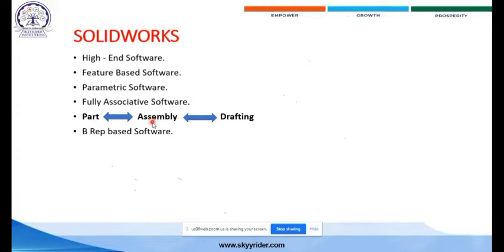You can directly modify that component, and it will automatically update in your assembly. In the same way, if you modify something in an assembly, it automatically updates in your drafting sheet. So part, assembly, and drafting are all associated with each other.